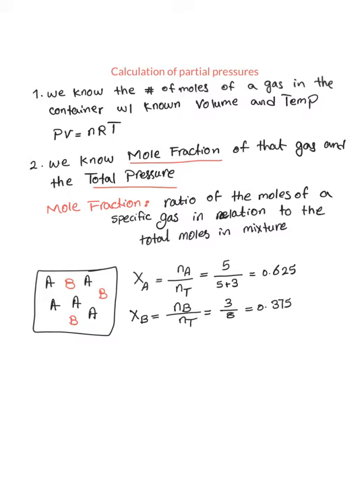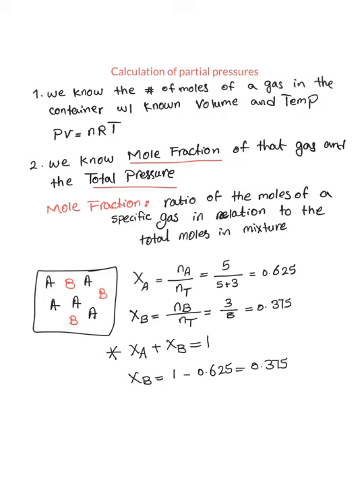Or we have another rule here, and that rule states that XA, the mole fraction of A, plus XB, the mole fraction of B, equals 1. So you have the mole fraction of A, you can simply calculate the mole fraction of B by 1 minus 0.625, which gives you 0.375.